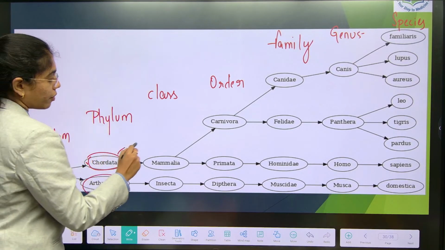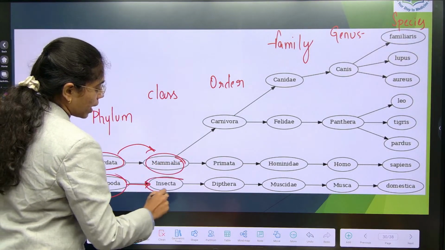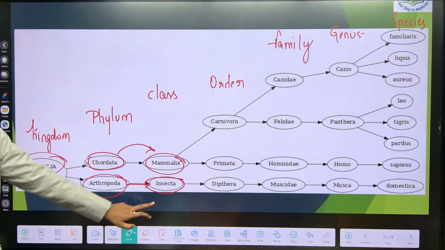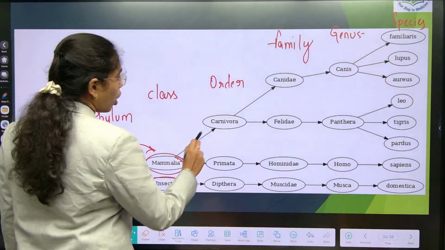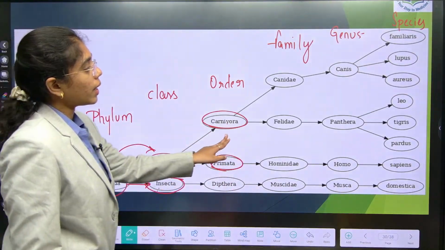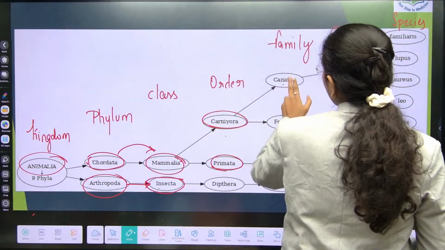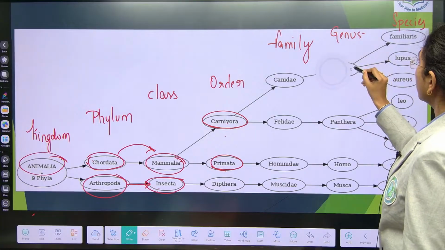Under Chordata I have taken one class, Mammalia, and under Arthropoda I have taken one class, that is Insecta, which is the major group of the animal kingdom. Mammalia: orders Carnivora and Primata. Under Carnivora 2 families, Canidae and Felidae. Canidae includes what? Canis genus.